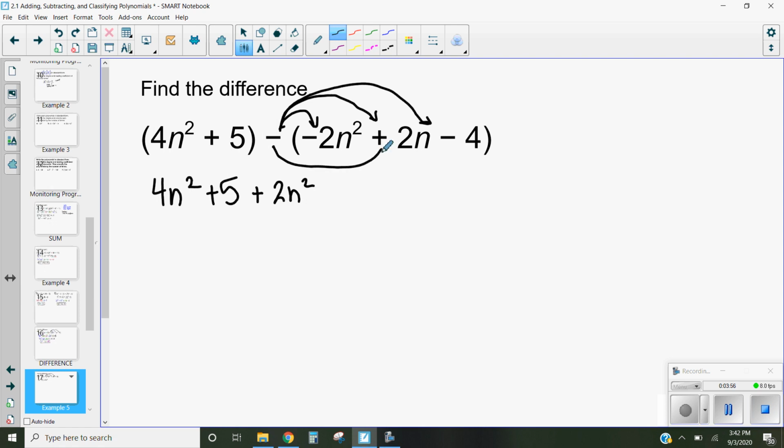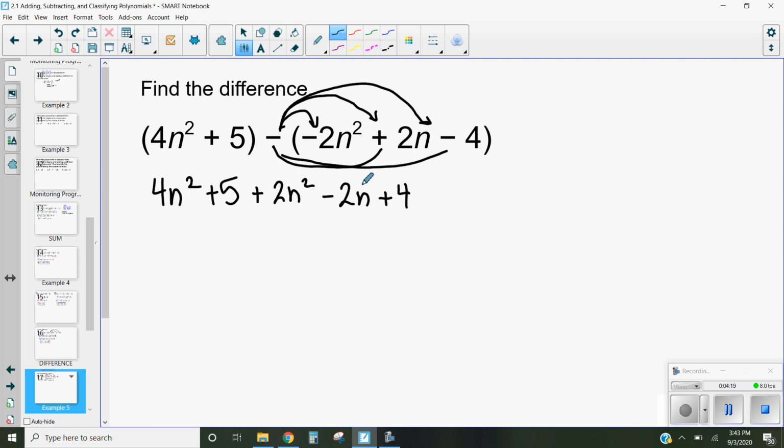Minus 2n, which is going to give me a minus 2n, and then minus negative 4, and that's going to be plus 4. So there we go, we've rewritten it. We got rid of that subtraction sign. Now it's just our addition problem, okay?